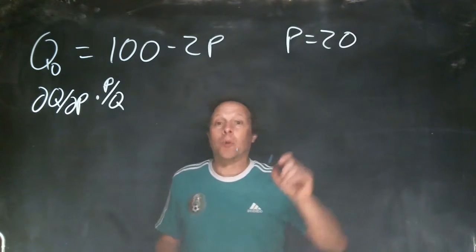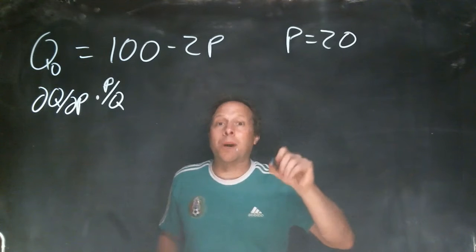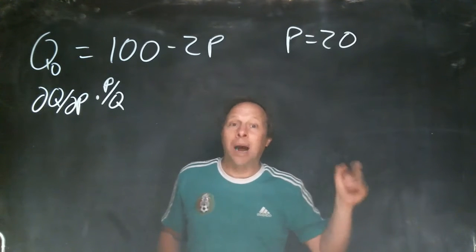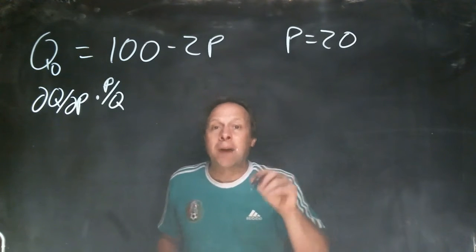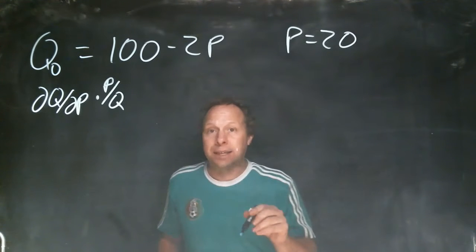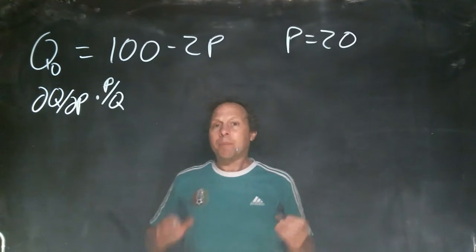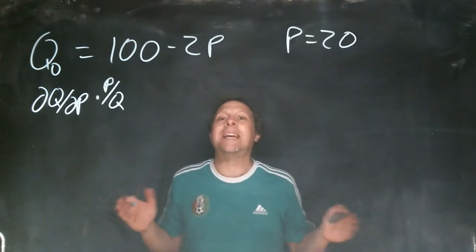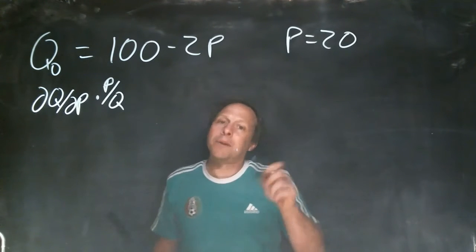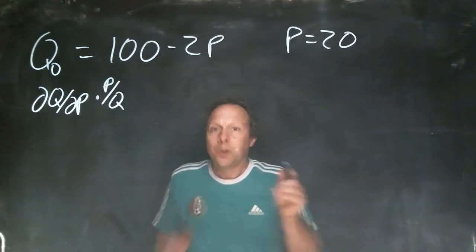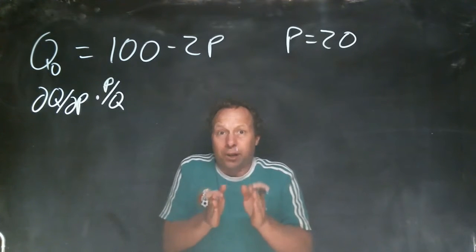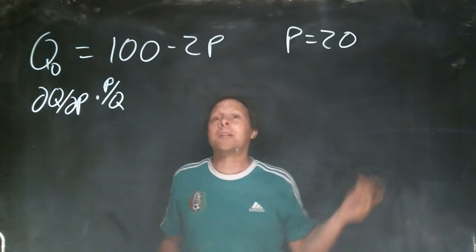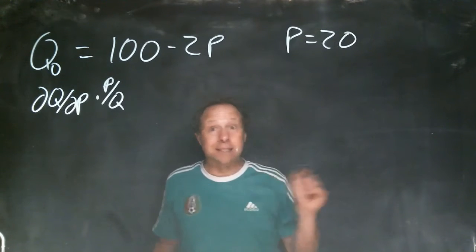Okay, so first things first, we want to pick 2 prices around 20 so that the average of those 2 prices equals 20. If you've got a linear function like we have here, you can actually use any numbers you want. If this wasn't a linear function, you'd want to pick some numbers that are actually pretty close to 20. So we can choose any numbers we want here since this is a straight line.